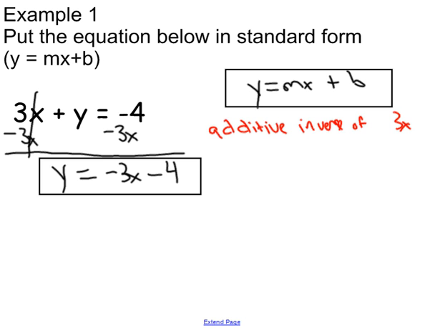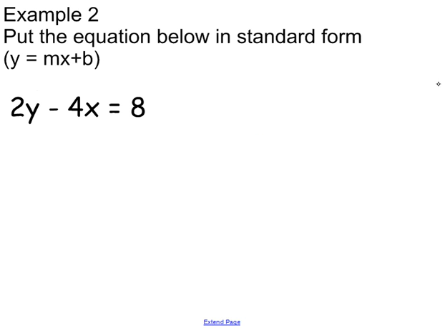Let's try another one. Put the equation below in standard form. Okay, so first, we're going to use the additive inverse of negative 4x. So this time, we add 4x to both sides.